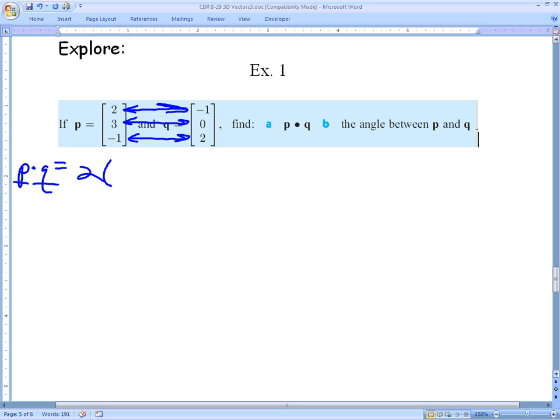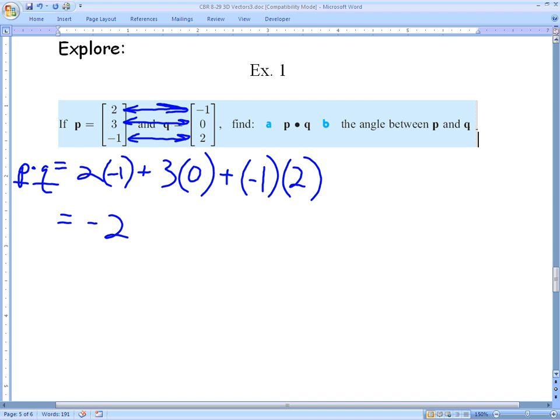I would have 2 times negative 1, which is my x components, plus 3 times 0, which are my y components, and then negative 1 times 2, which are my z components. Multiply, I end up with negative 2 plus 0 minus 2. So that gives me a grand total of negative 4. So the dot product is negative 4.